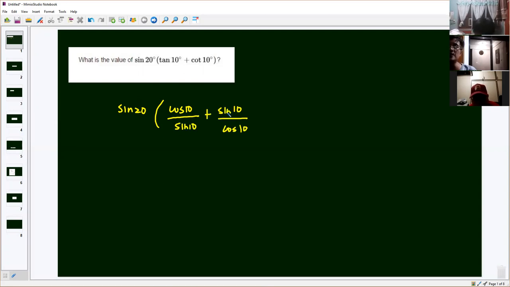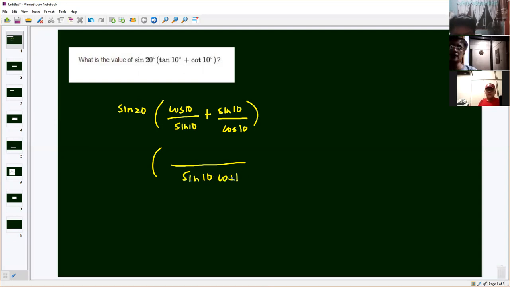Now, the right side, you can combine into a single fraction, sine 10, cos 10. Then, sine 10, cos 10, divided by sine 10 times cos 10, makakancel. So, magiging cos squared 10. Then, divide by cos and sine 10 times sine 10 is sine squared 10. Then, sine 10 is a double angle, 20.